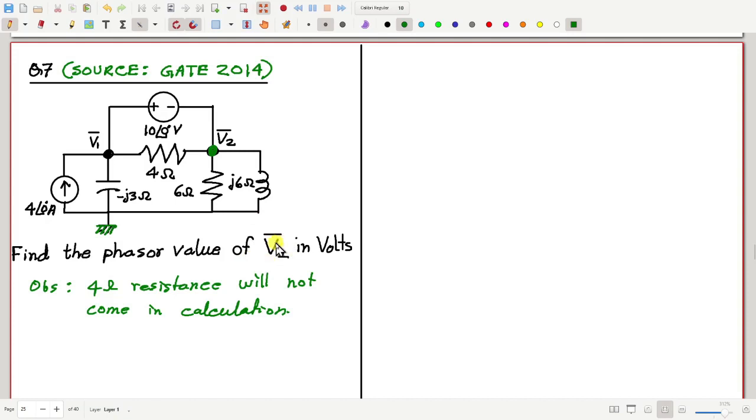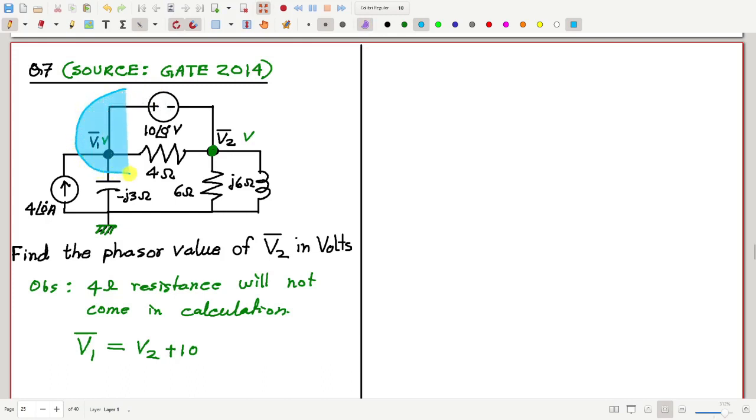Another observation is that the value of V1 is V2 plus 10, because of this 10 volt source. If this is V2 volt and this is V1 volt, then V1 is V2 plus 10 angle 0 degree.